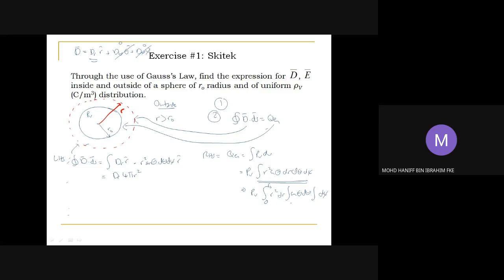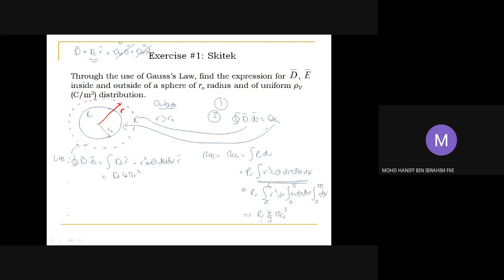Theta will be from 0 to pi and phi from 0 to 2 pi, because we are dealing with a complete spherical structure. So we have rho v times 4 over 3 pi R naught to the power of 3.